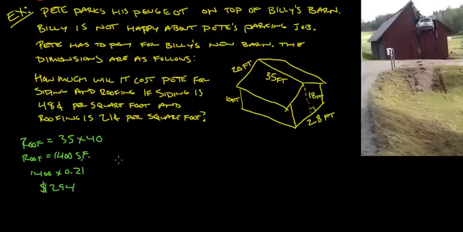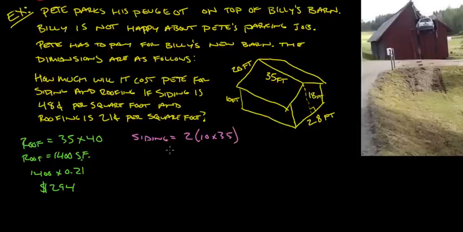All right, so let's see, now he's got to buy all the siding for where he ruined the side here. So that's going to be a little trickier. We do have 2 rectangles on either side. Let's go with that first. So this is going to be the siding. So the siding is going to be the 2 rectangles. So that's 10 feet by 35 feet, and that's on 2 sides, so let's do twice 10 by 35.